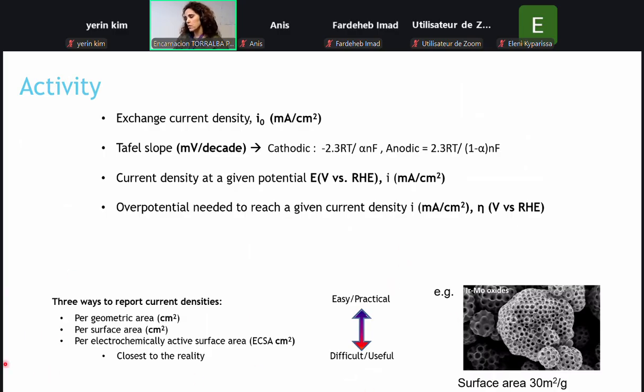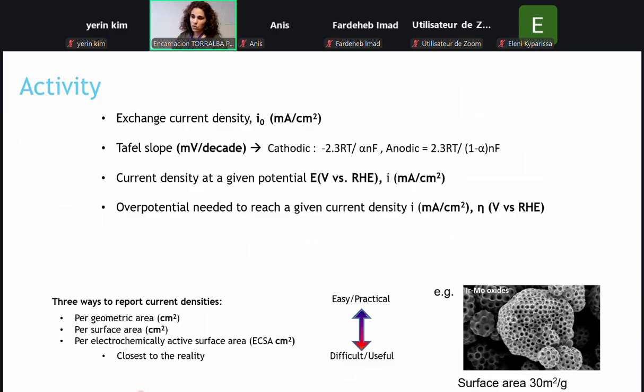So here, just out of curiosity, when we report current, we don't usually use just current in amperes. We use current density. When we use current density, there are several ways, and the more precise ways are the most complicated.